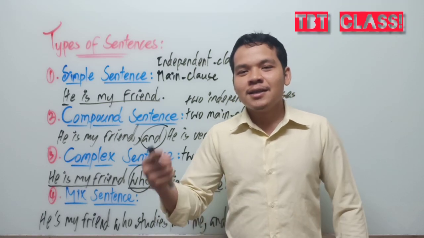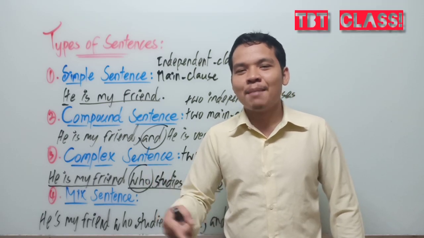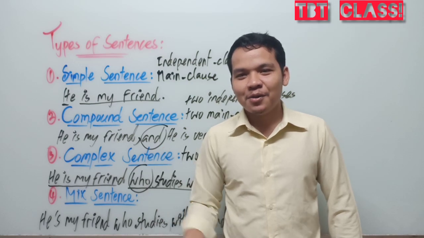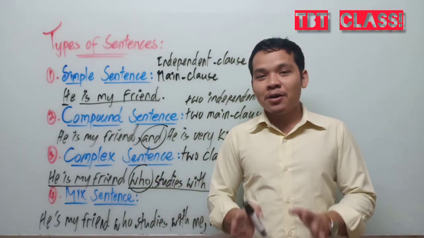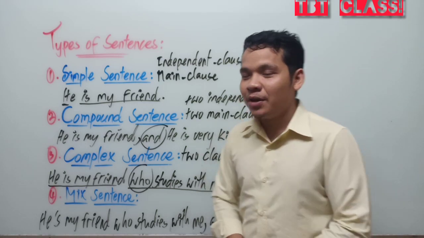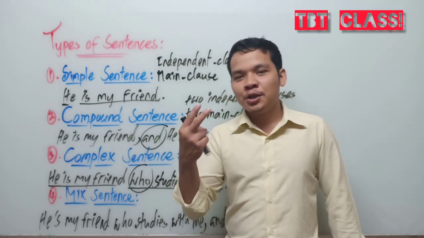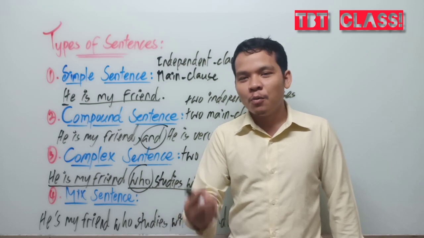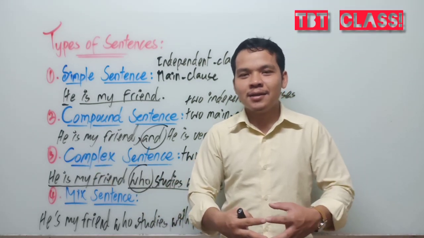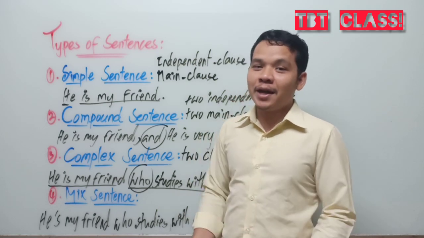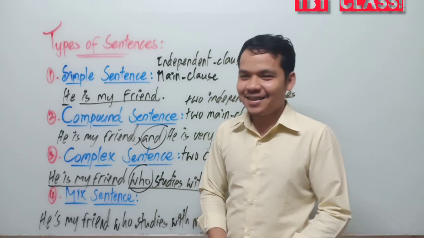We can call it main clause with subordinate clause. And a compound-complex sentence or mixed sentence we refer to as two independent clauses with one dependent clause combined together, and then it will be a mixed sentence.